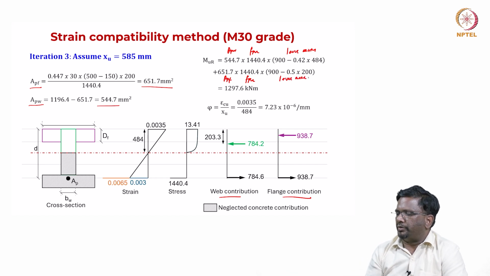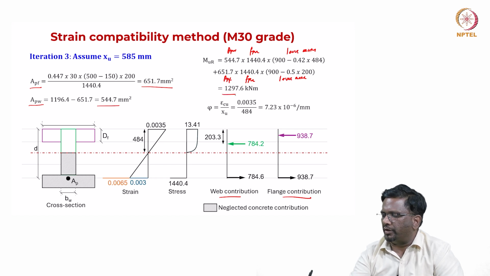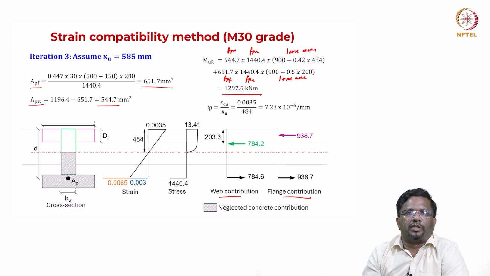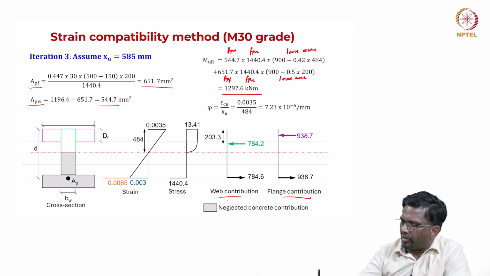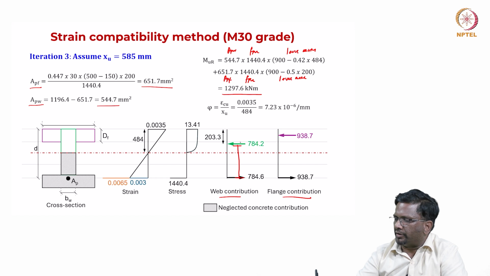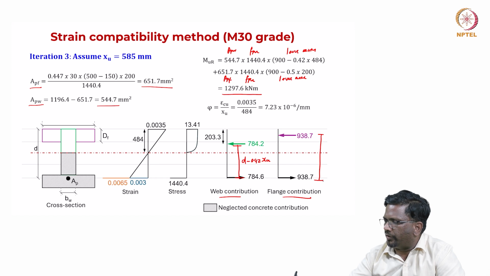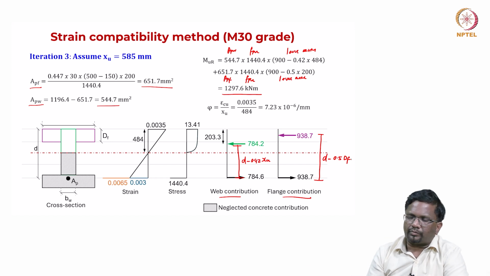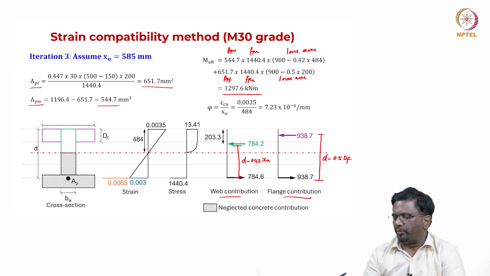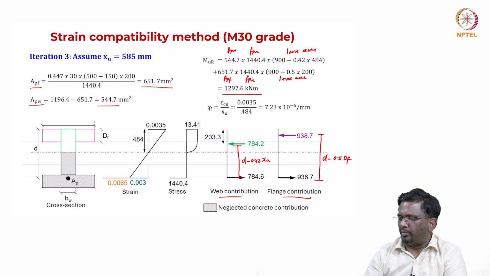Okay, so you get your total moment resistance as 1300 kilonewton meter, right. So, we have seen that for the web contribution, this is your lever arm, which is nothing but D minus 0.42 XU, and this lever arm is nothing but D minus 0.5 DF, right.